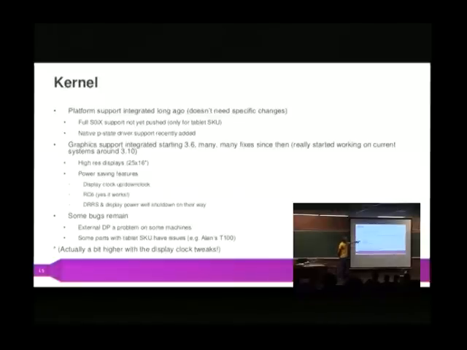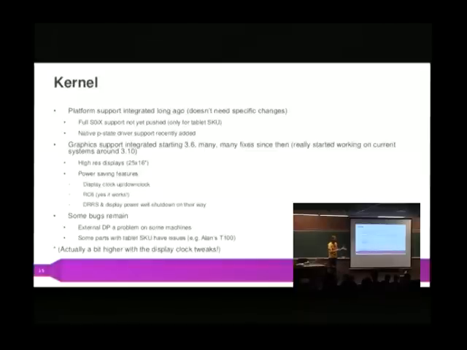The display up and down clock I talked about, so I don't think any of those super high-res display products are out on the market yet, but when they are, we'll be ready for them, so you'll be able to use those right away. RC6 is a feature on this too, and it works. I know some of you may have had problems with that.